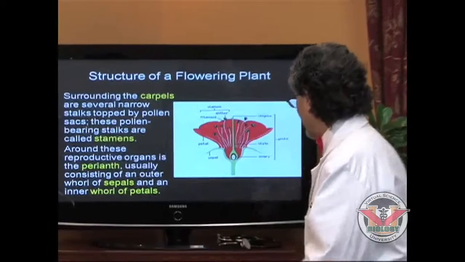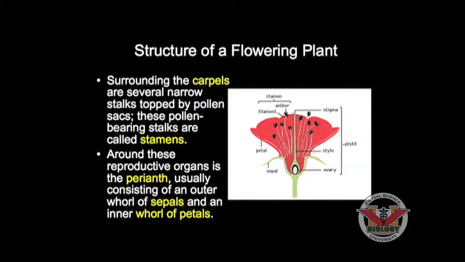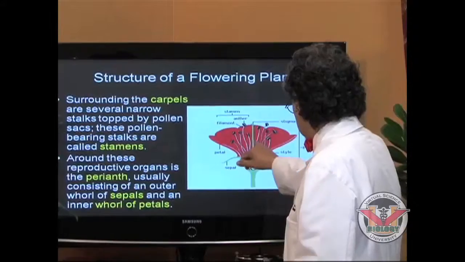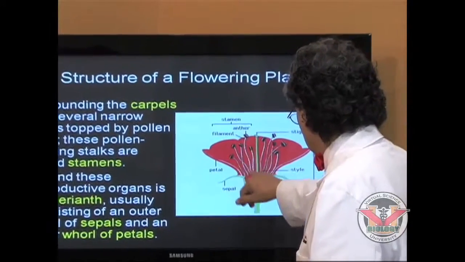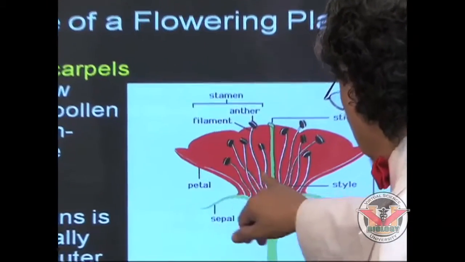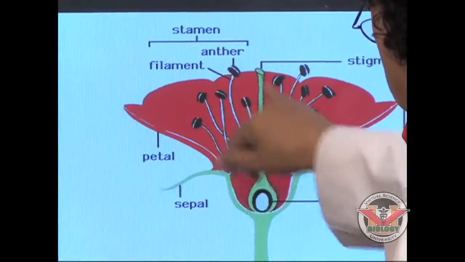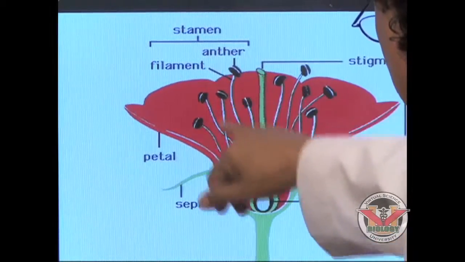Okay, very good. Now, surrounding the carpels are several narrow stalks that are topped by pollen sacs. These pollen-bearing sacs are called the stamens, and you can see those right in here. Each one of these pollen-bearing sacs is a stamen.